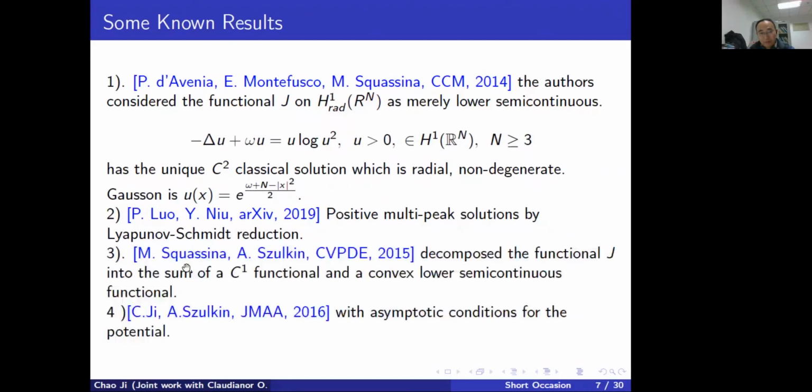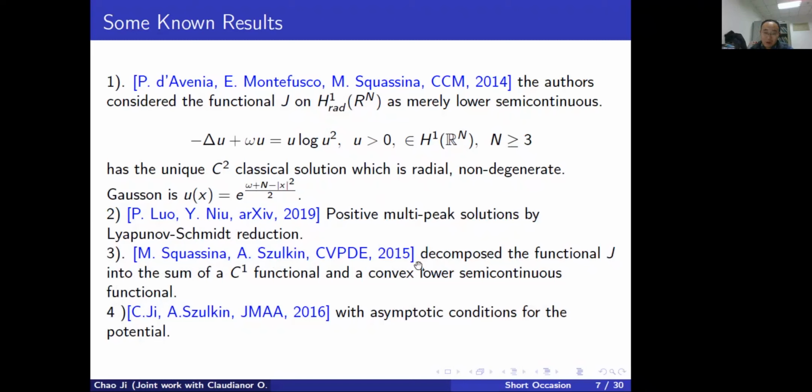Okay. In this paper, Schrodinger and Stuking consider the logarithmic Schrodinger equation on the unrestricted space H1 of Rn, not a subspace.